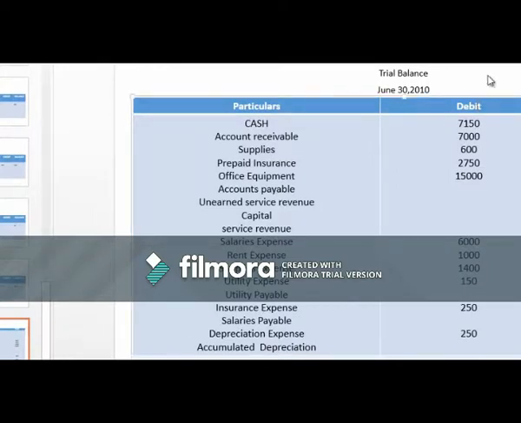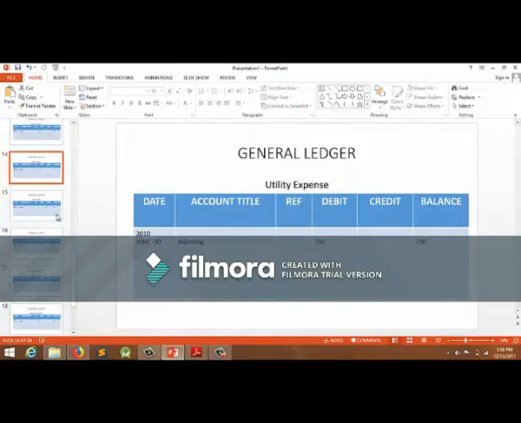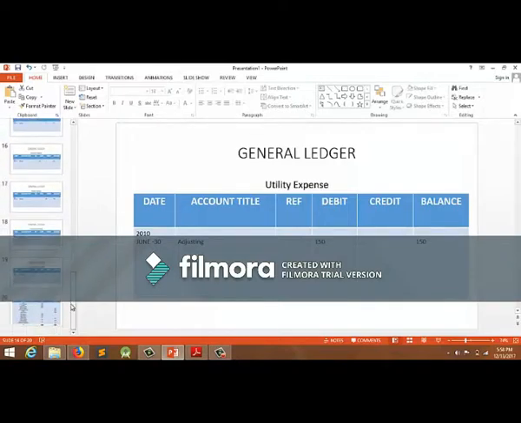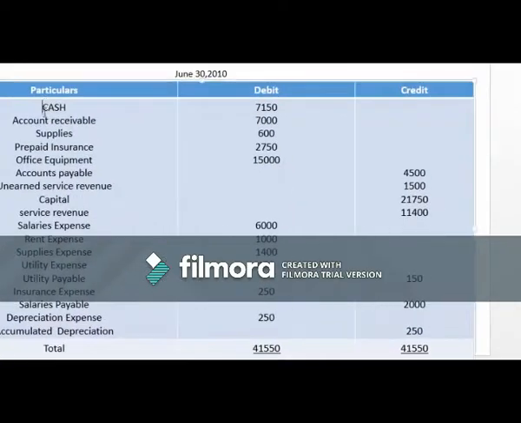Then we have to write in the particular section all the account names we got in the ledger. In the ledger we got 18 accounts, so we will write those account names here, and we will write their balance in the normal balance part.